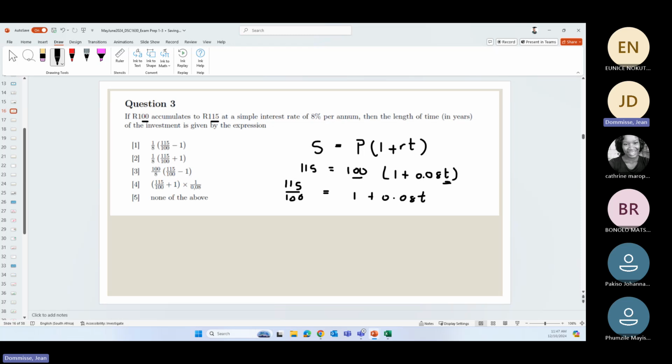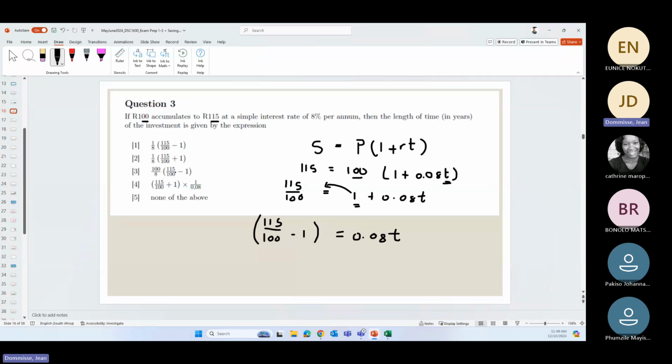Then we need to get rid of the 1. So 115 over 100 minus 1 is equal to 0.08 t.